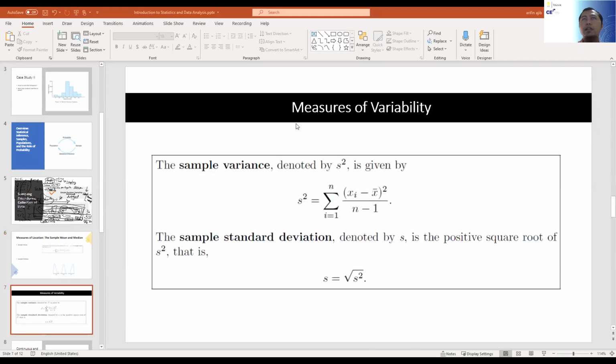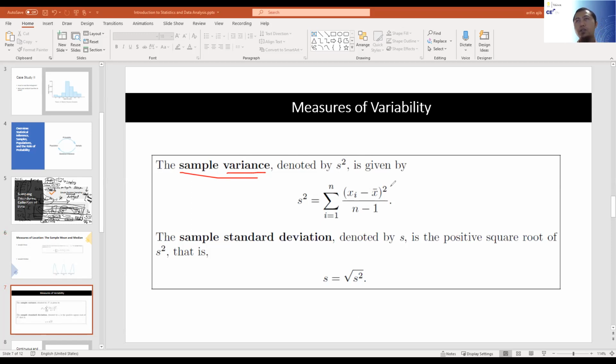And for another parameter, we already know mean and median, and then the next variable is variance. Okay, variance. Actually, what is the variance? Variance is the degree of difference between each data. Degree of difference of each data. That's why we can say variance.